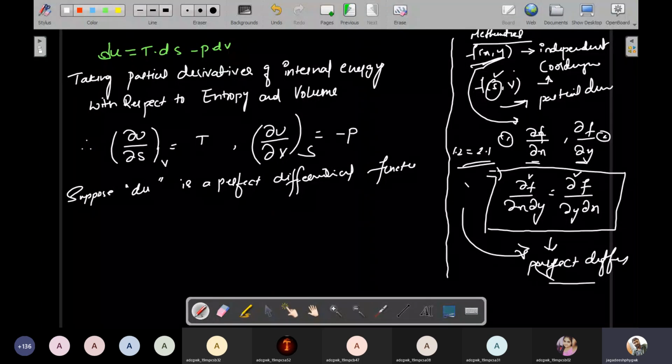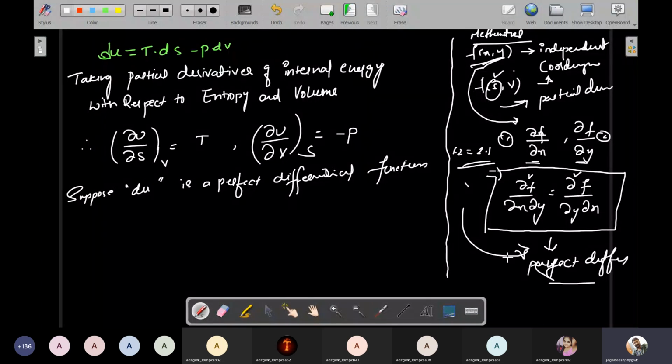function. Perfect differential function, then definitely it must obey this equation: dou square f by dou x dou y equals dou square f by dou y dou x.